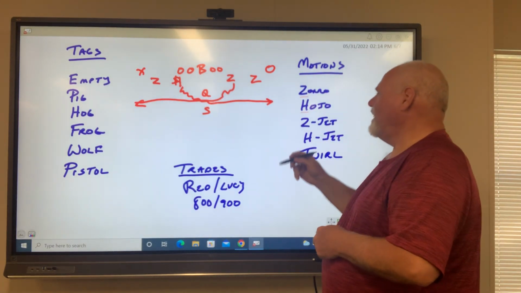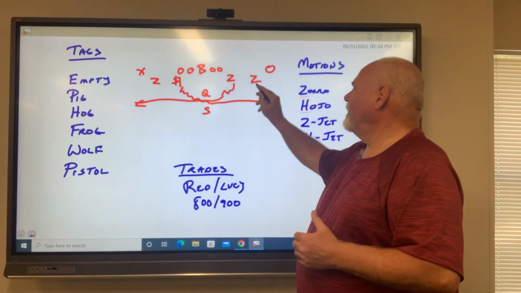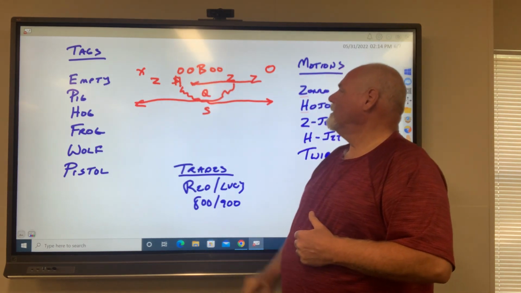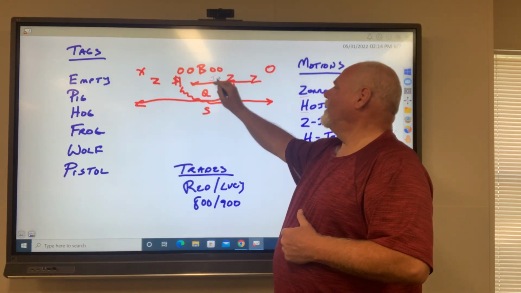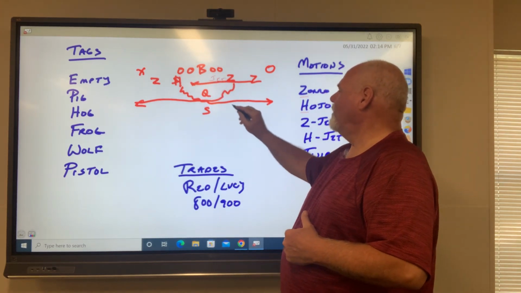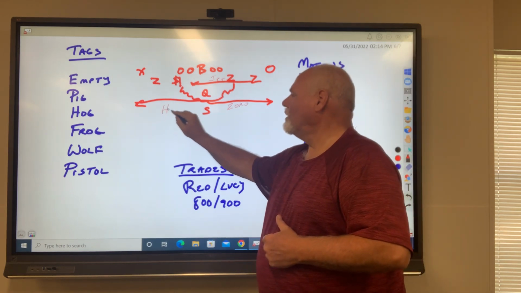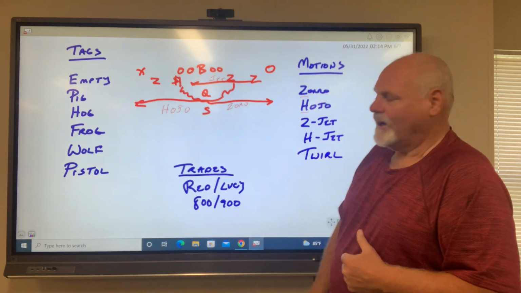Z-Jet and H-Jet just tells you there's going to be no handoff, but it is motion under the quarterback. So the jet is under the quarterback and the Zorro or Hojo is behind the quarterback. That's an orbit set.